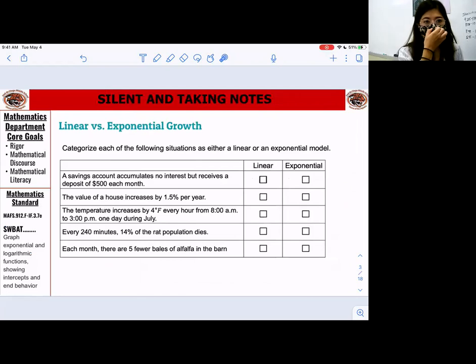Now let's talk about word problems. Let's see how you can identify when something is exponential versus linear. You might recognize this because we did see a very similar type of problem last week. Start taking a moment to read all of these examples and start coming up in your head with your answers. Is it going to be linear or is it going to be exponential? I'll give you guys a minute.